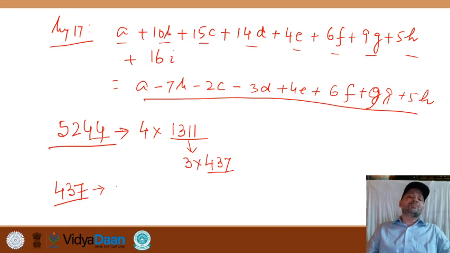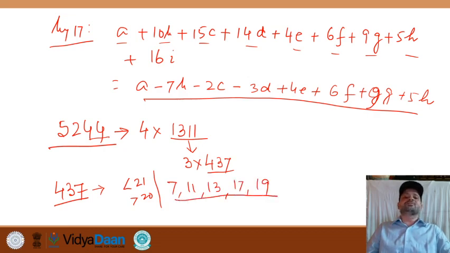Its square root is less than 21 and more than 20. So you have to go through the prime numbers up to 21. That is, you leave 2, 3 and 5, it is not divisible by them. So you have to check with 7, 11, 13, 17 and also 19. Now you check with these 5 numbers whether it is divisible or not.